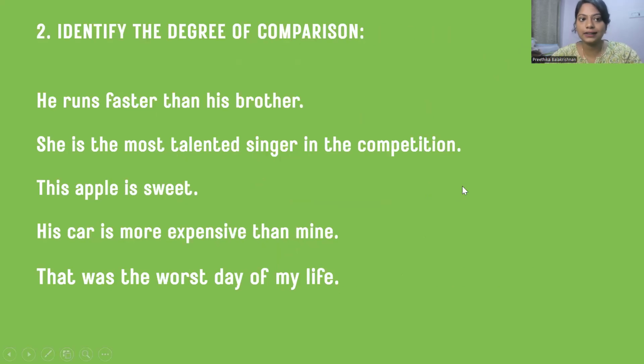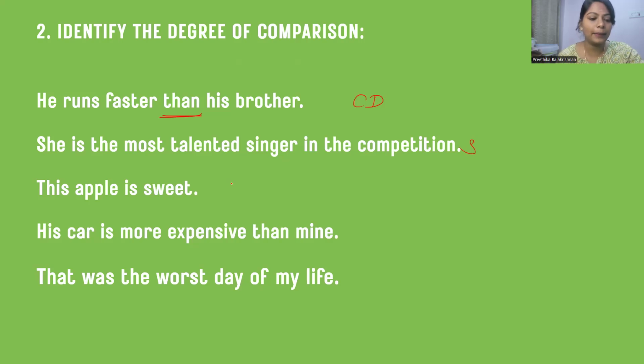The next one is you're going to identify what degree it is. First sentence: he runs faster than his brother. Here than has come, so it is comparative. She is the most talented singer in the competition. It is most, so it is superlative.